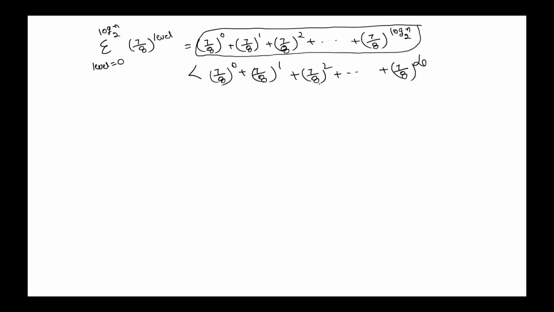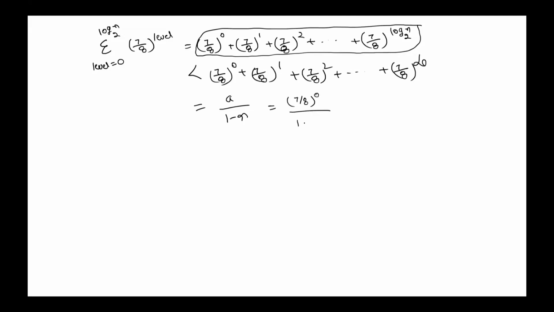Okay. Now is it an infinite GP? Is the sum of terms infinite, is it a geometric progression? 7 by 8 whole power 0, 7 by 8 whole power 1. What is the formula for infinite terms in GP? A by 1 minus r. What is A here? 7 by 8 whole power 0.